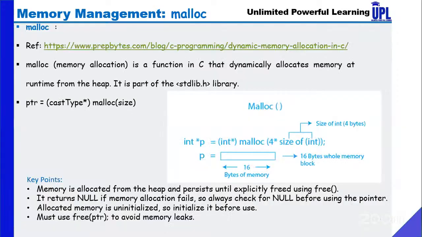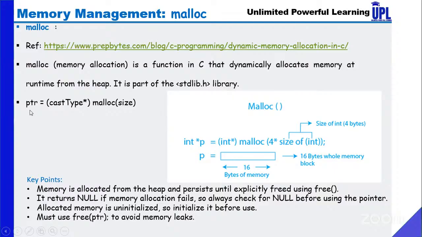The first part we want to discuss is malloc. What is malloc? By its name itself, it is memory allocation: M means memory, alloc means allocation. Memory allocation is a function that dynamically allocates memory at runtime from the heap. It is part of the stdlib.h library.